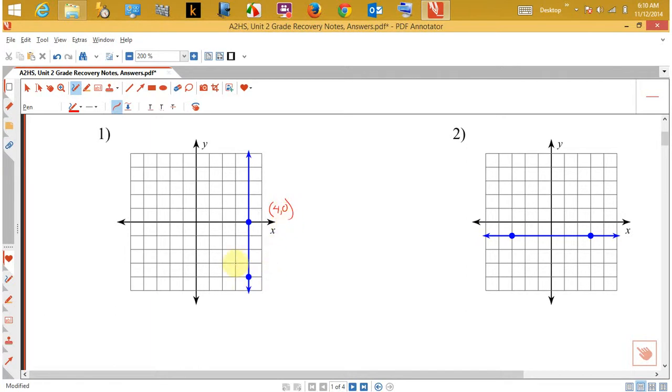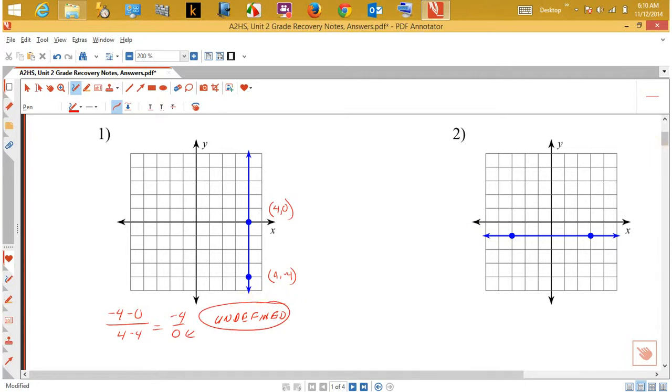This point is 4, negative 4. And so if we find the slope, it's a difference of the y's. That would be negative 4 minus 0 over the x's, which is 4 minus 4. That'd be negative 4 over 0, and anything that's a division by 0 is undefined. So that's the slope of that line.